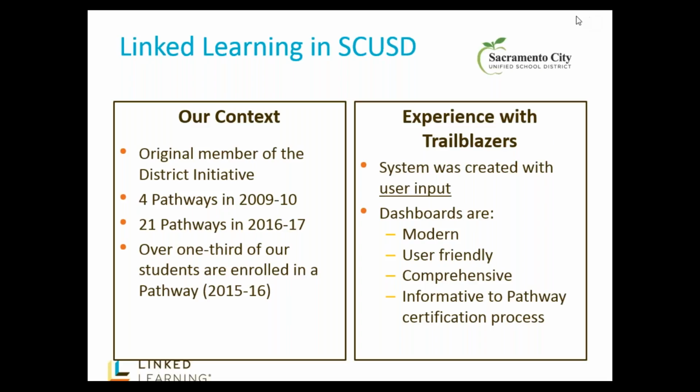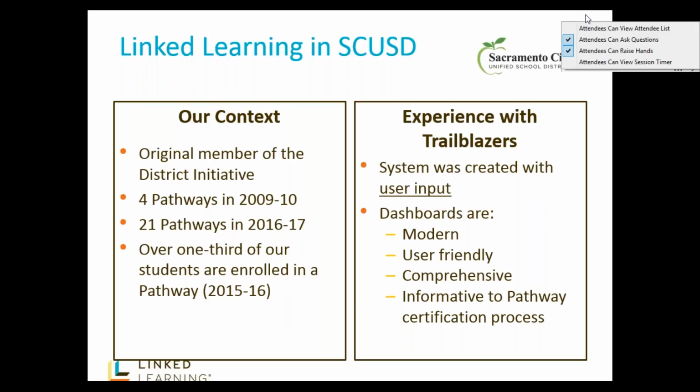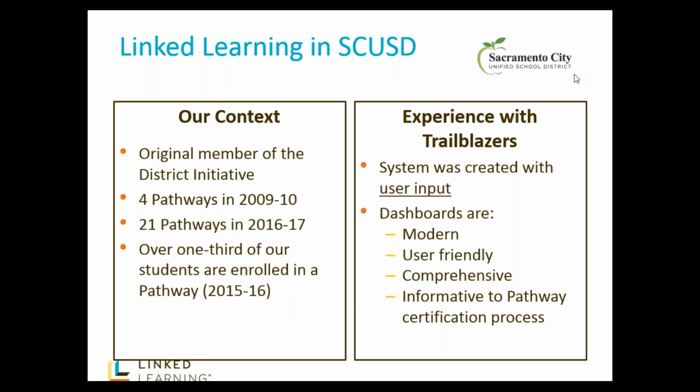And so I am part of the team here who is sitting in on the Trailblazers Committee. As you can see, Sacramento City Unified School District has a long history of linked learning. And we place a lot of value in being able to measure outcomes of not only pathways, but also pathway students. But the reality is that at times these outcomes are often difficult to track.